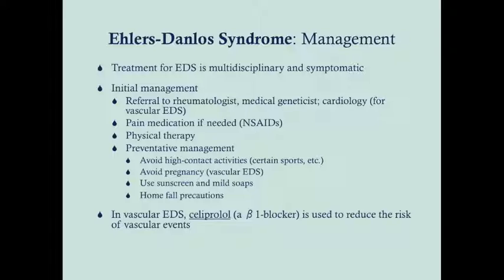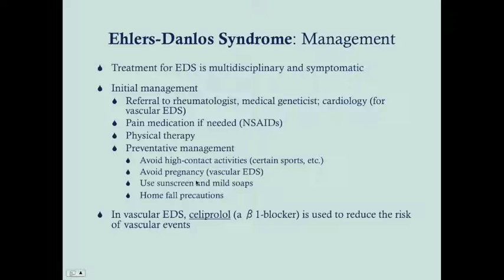Preventative management includes avoiding high contact activities to avoid bruising, but particularly in vascular EDS to prevent you can get really bad bleeding, particularly of the larger vessels. So we're talking more like renal arteries and iliac arteries, and so forth.